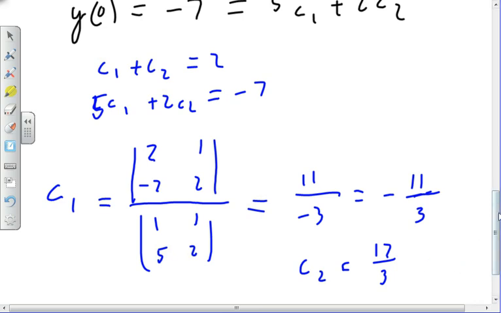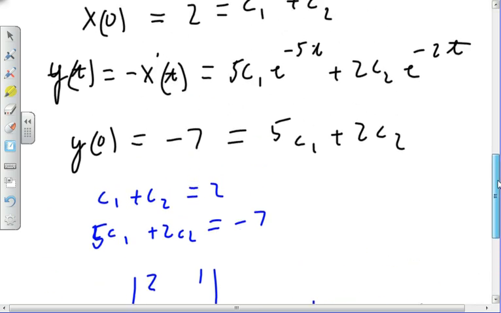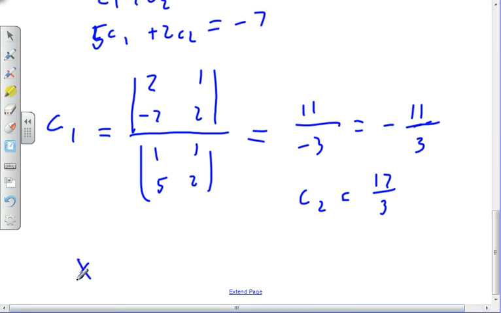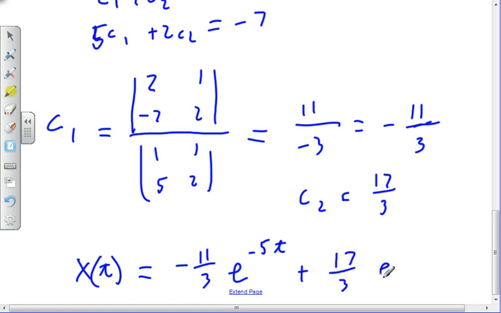Okay, well, that must be the case. So x of t had best be minus 11 over 3 e to the minus 5t plus 17 over 3 e to the minus 2t. And that would be the final answer.